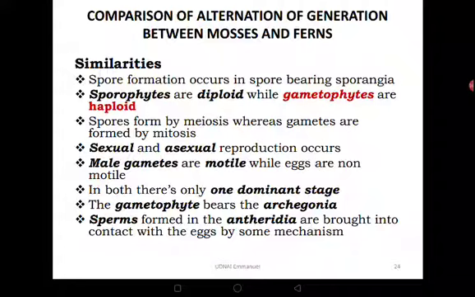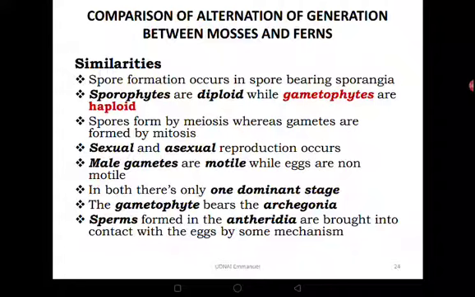And then the sporophytes are diploid in all of them, and the gametophytes are haploid. And then we have spores formed by meiosis, whereas gametes are formed by mitosis. That is true. The spores are therefore haploid and gametes are diploid.